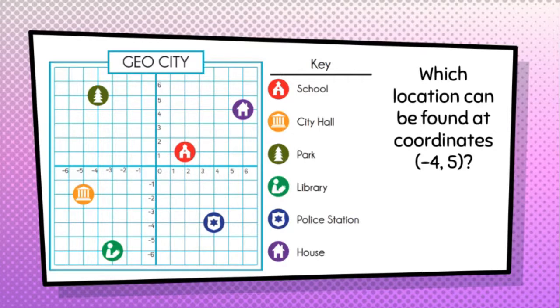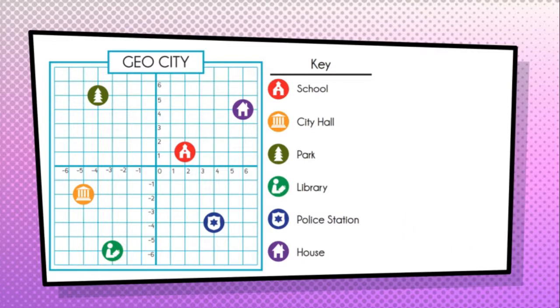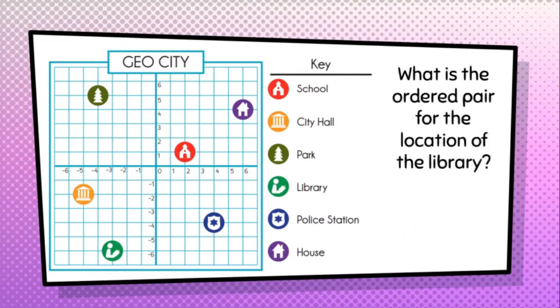And that is park. Last, what is the ordered pair for the location of the library? We have (-3, -6).